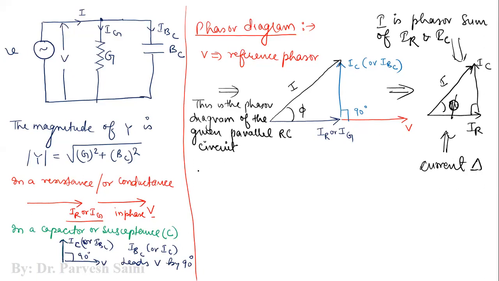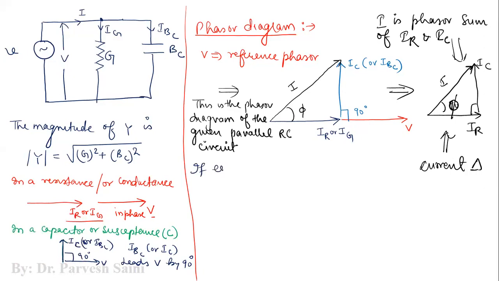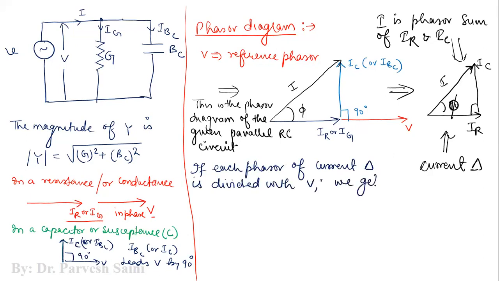Now, if each phasor of the current triangle is divided by V, we get a new triangle which we call the admittance triangle. So let us see.